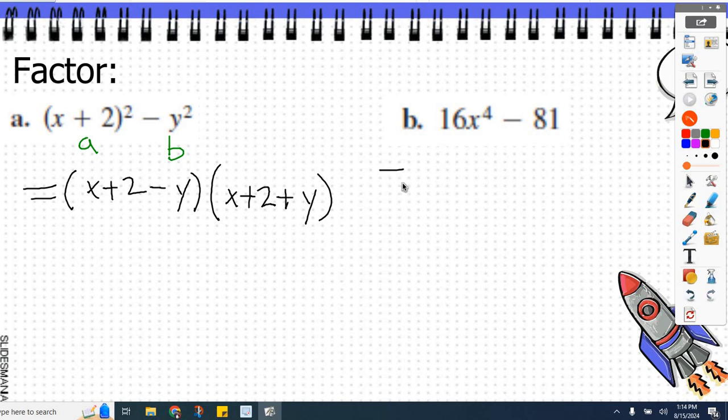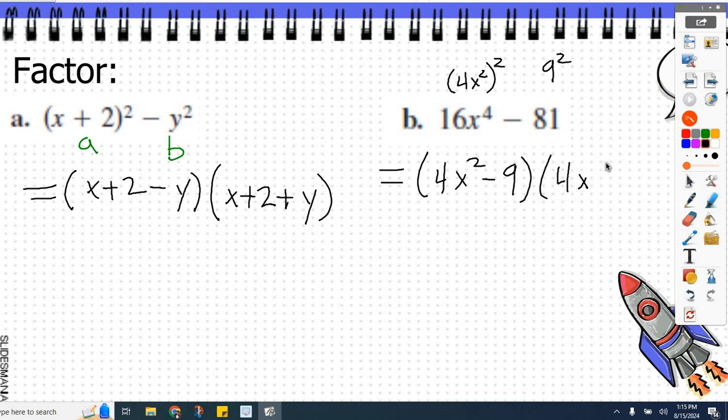So, on our first step, my A value here is 4x squared, and here we have a 9 squared. So we're going to get 4x squared minus 9 times 4x squared plus 9. Notice that 4 and 9 are still perfect squares. So again, we want to factor completely or as far as possible.